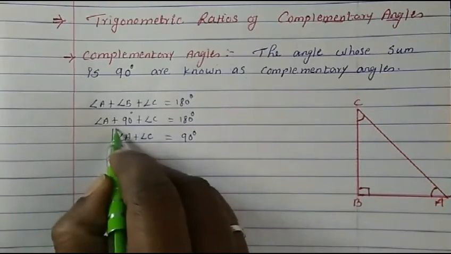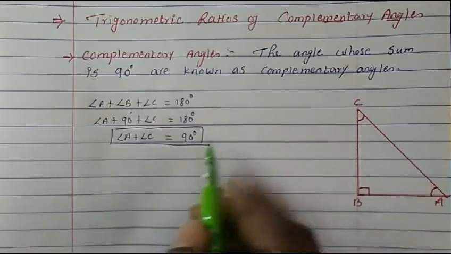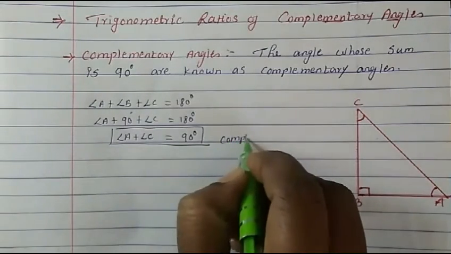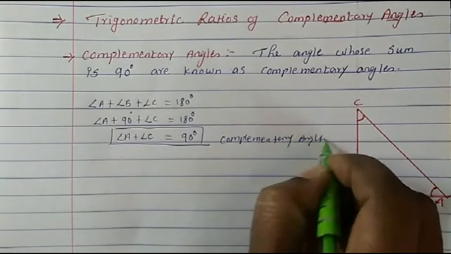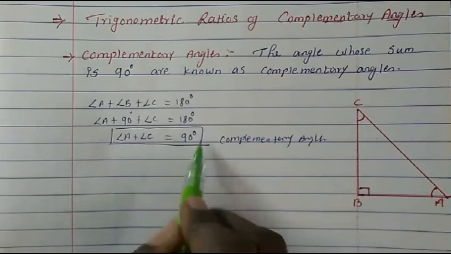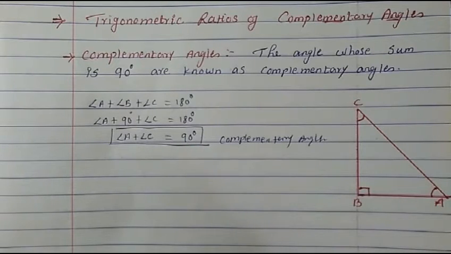So this is a complementary angle. Angle A plus angle C is known as complementary angles. When the sum of two angles is 90 degrees, we call them complementary angles. That's about complementary angles.